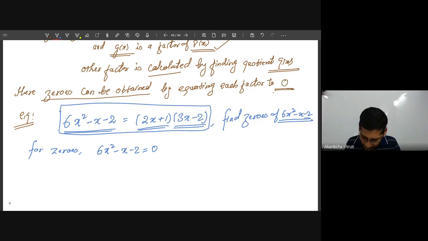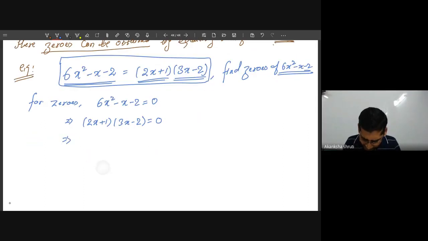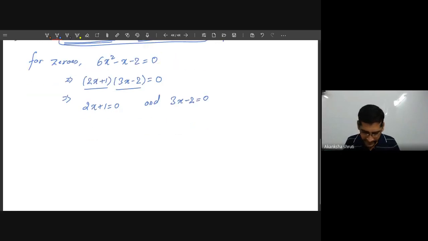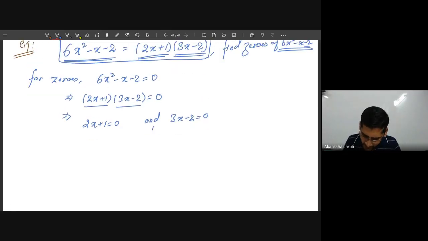So wherever this quadratic polynomial is equated to 0, it means the product of 2x plus 1 and 3x minus 2 is equated to 0. Then each of these can be equated to 0. It means 2x plus 1 equals 0 and 3x minus 2 equals 0. From here we are getting two equations. We have to solve these two equations separately.